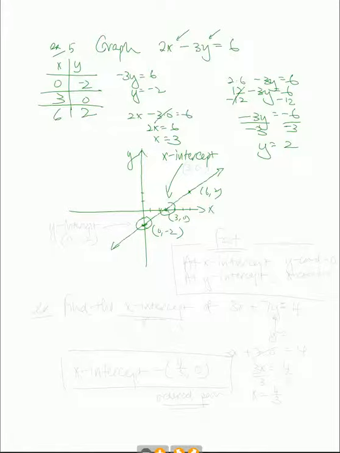An x-intercept is just a special name to give this point right there. So the x-intercept is (3, 0). The location where you cross the y-axis is called the y-intercept. And in this example, the y-intercept is (0, negative 2).